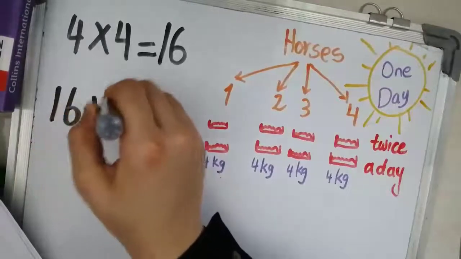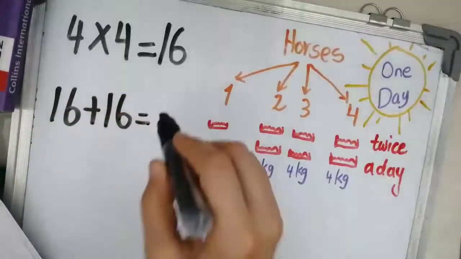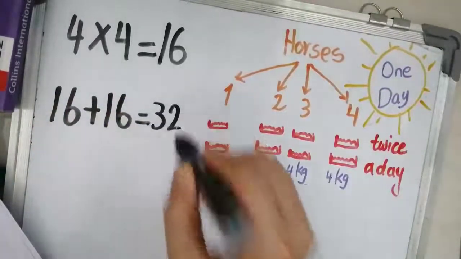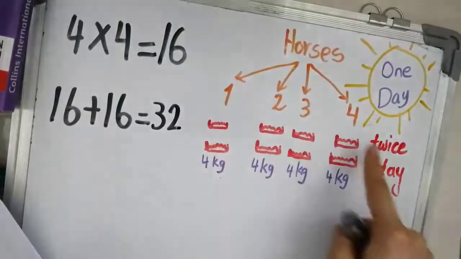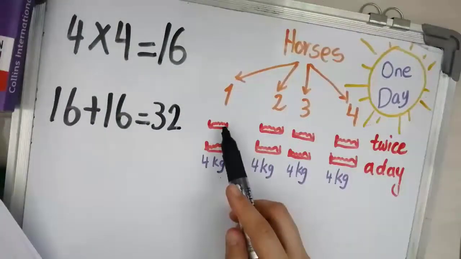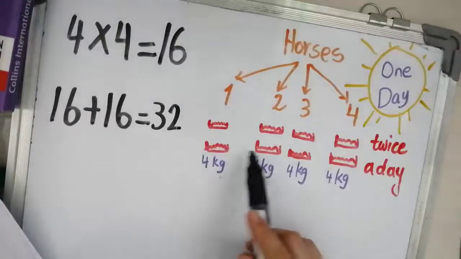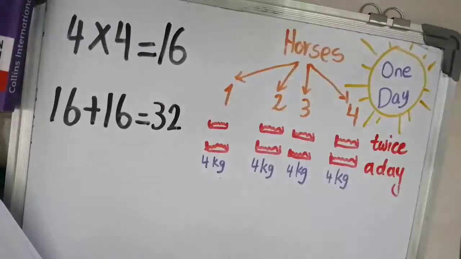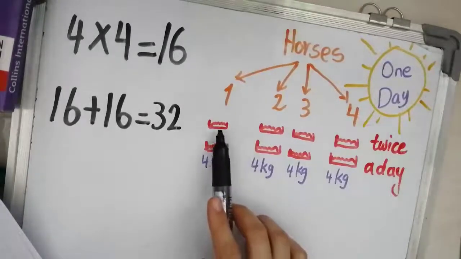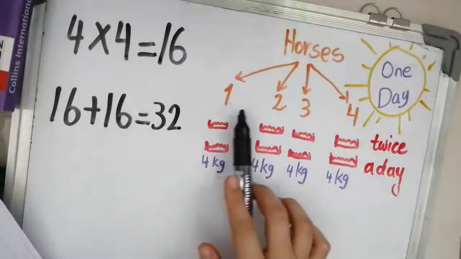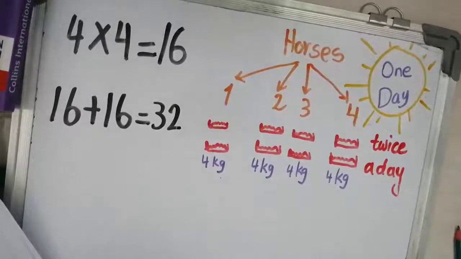So 16 plus 16, that is 32. So these all together are 32. That is 4 kilograms for each for the first time, 4 kilograms for each for the second time. Or I can simply say 8 kilograms multiplied by 4 horses. That is 32. That was step number 1.